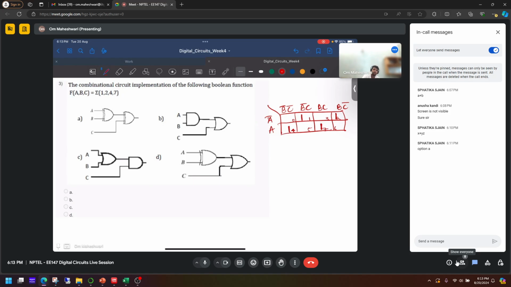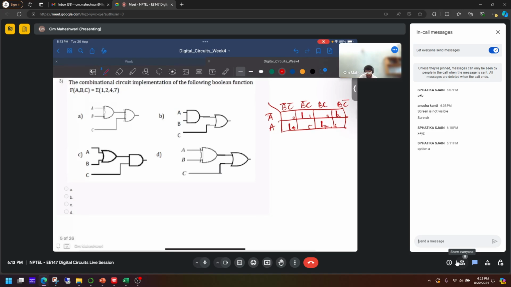If you see, when we have these alternate ones in the K-map in these positions, it usually is an XOR gate.